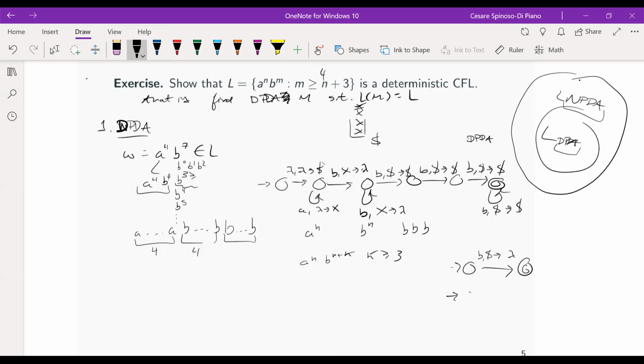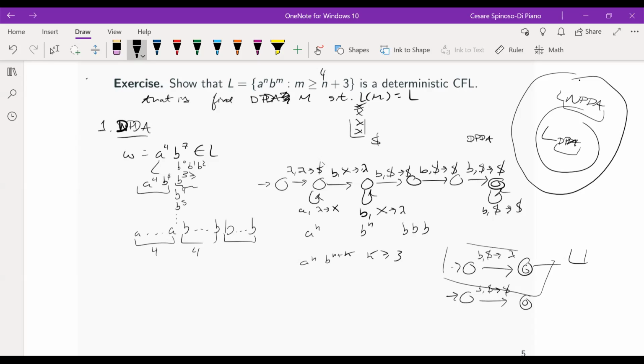It's equivalent to doing a B $. The only thing that's important to remember is that once you do this, your stack is empty permanently. Once your stack is empty, you can no longer use it. You can't have any more transitions with an empty stack.